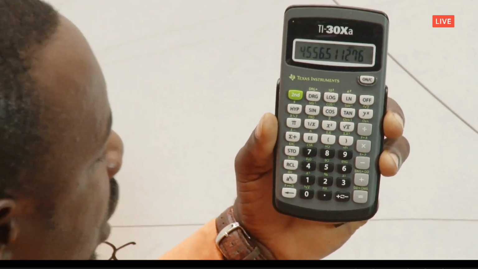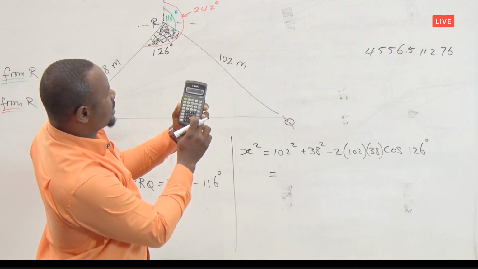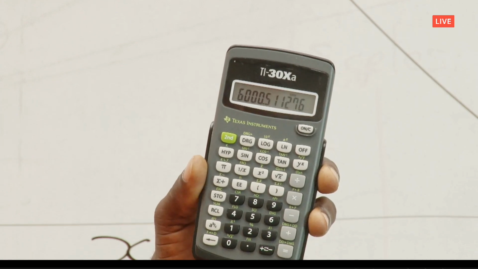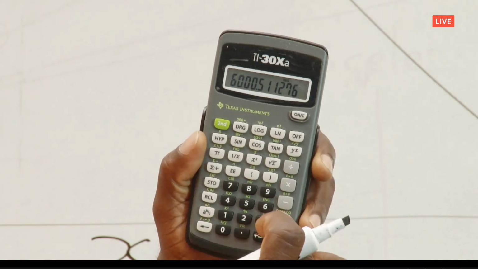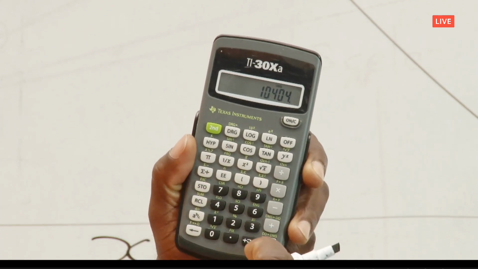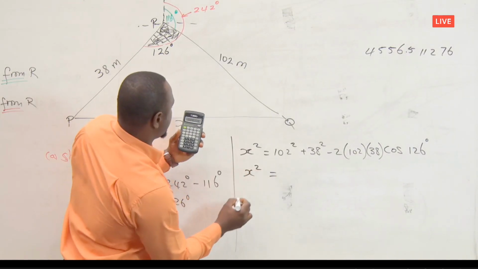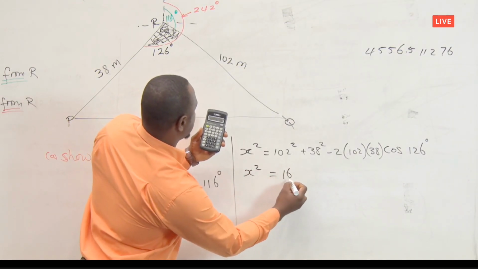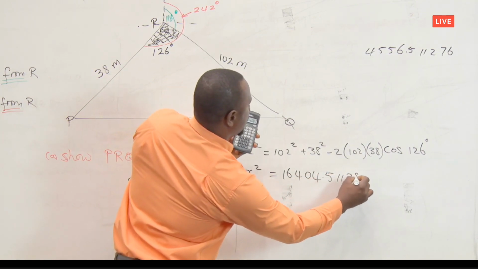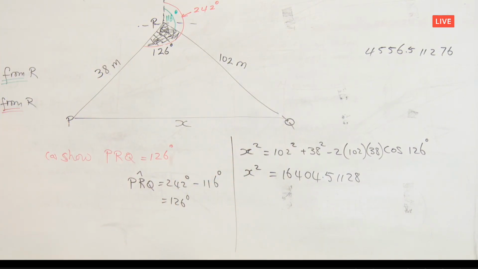I'm going to now add 38 squared, plus 38 squared equals that. Now I'm going to add as well plus 102 squared equals that. So this x squared is equal to 16404.51128. Make sure you have that when you did the other way around.